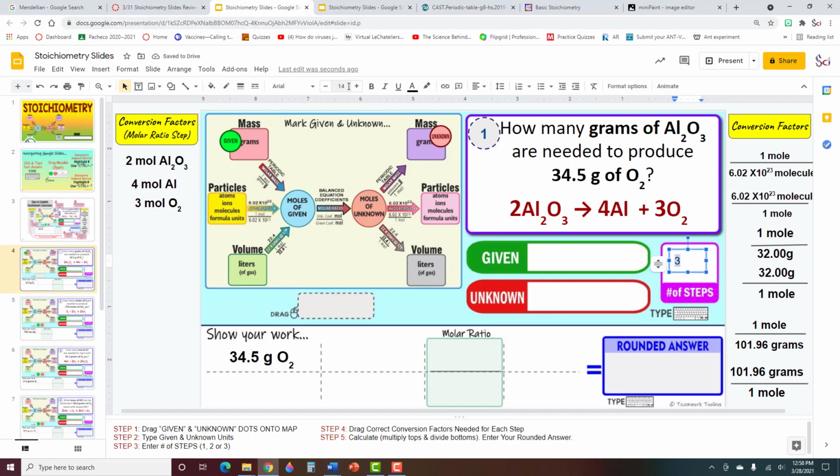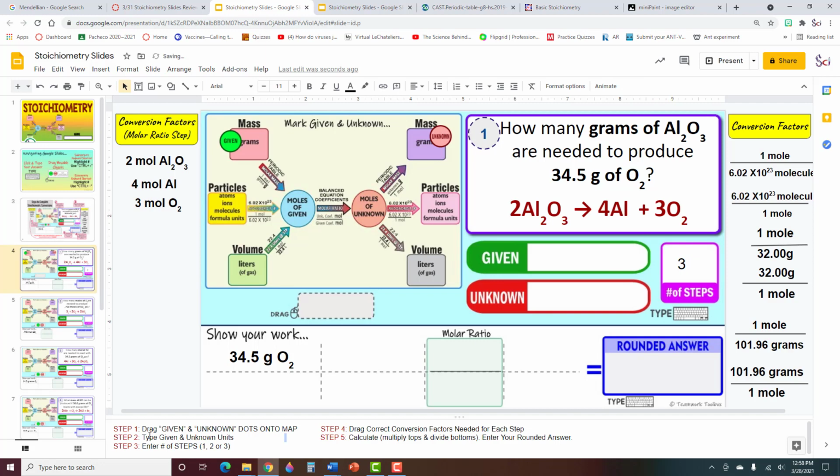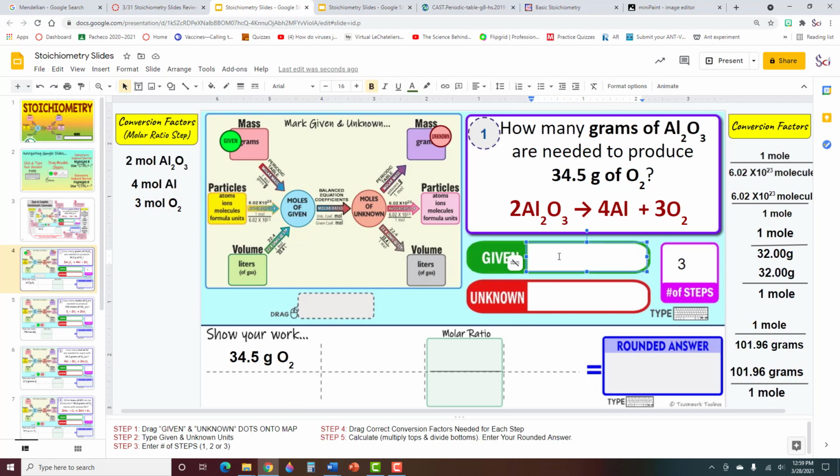Okay, so then the next part is type givens and unknown units. So step 2, type given and unknown units. Remember the directions are at the way bottom down here. So given is 34.5 grams of O2. And so I'm going to subscript this.